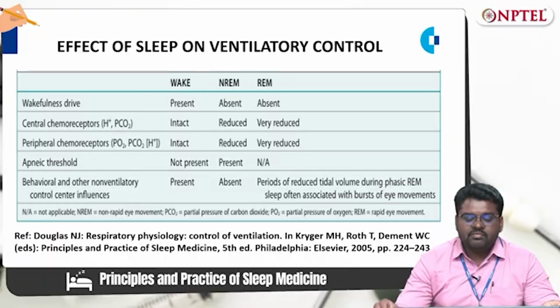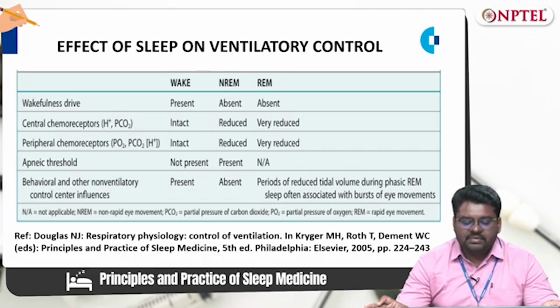Then peripheral chemoreceptors, that is sensation for oxygen, carbon dioxide and H plus ion. What will happen is in a wake person this will be intact, in an NREM person it will be reduced, and in a REM person it will be very reduced.